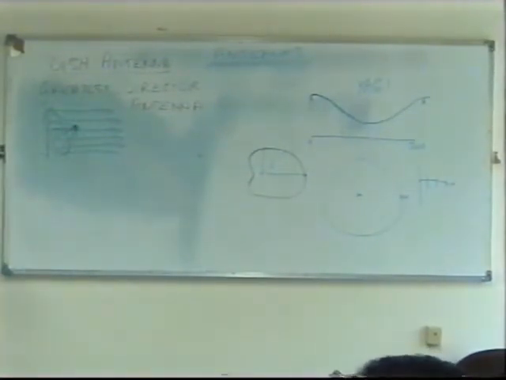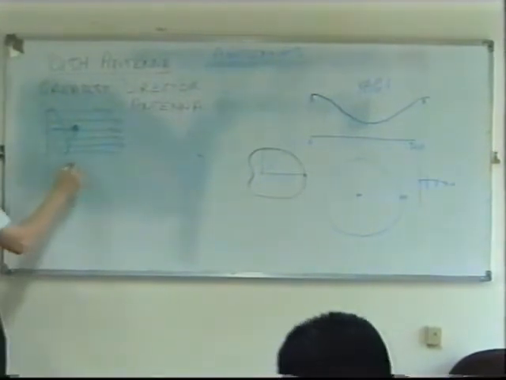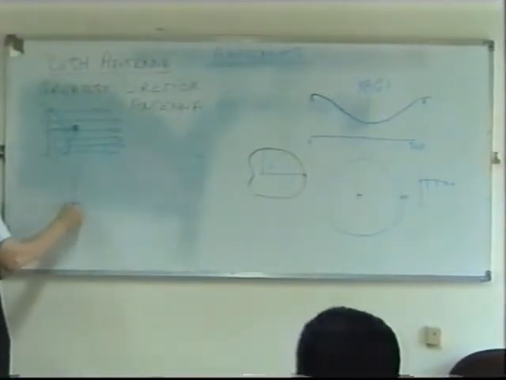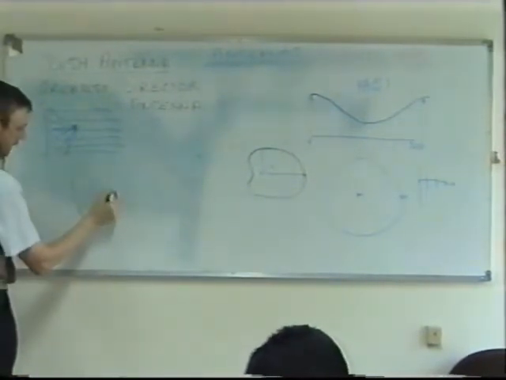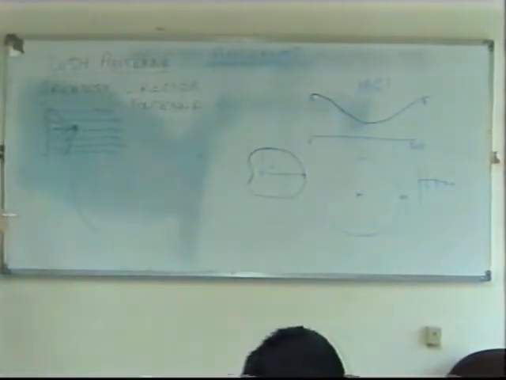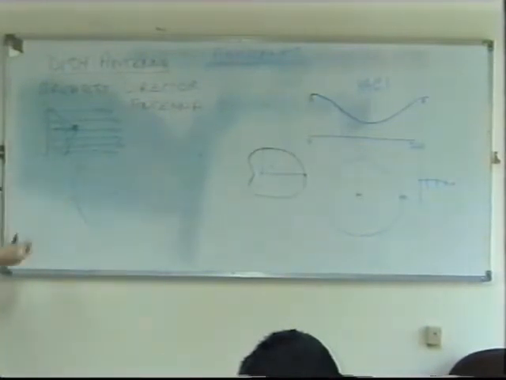Now, if we were to have a look at the way the dish is made, if you were to look at a cross section of a dish, it's something like this, and you would have what they call the focal point of the dish. The focal point would be somewhere here, so many meters away depending on the size we're using.